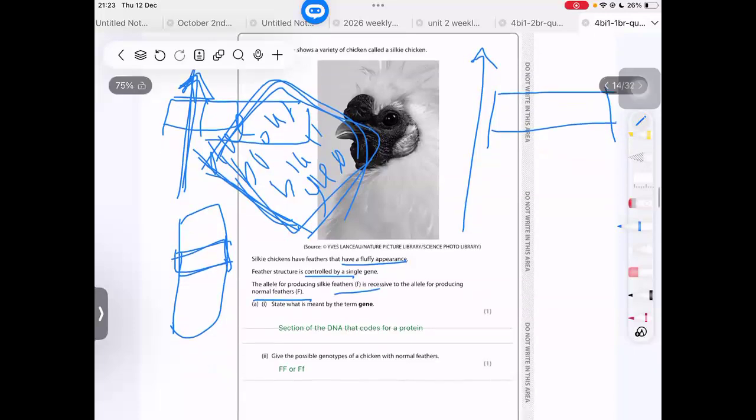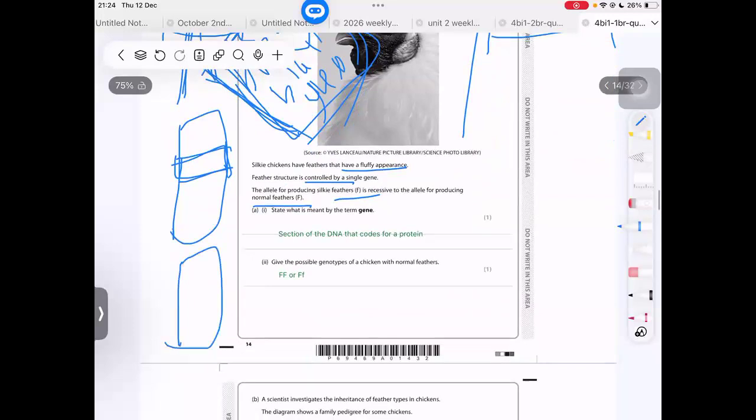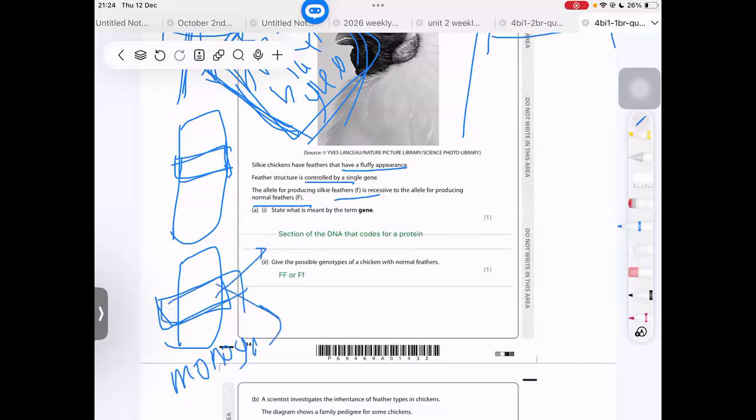The allele is for the feather structure. The gene is the feather structure. So only 1 gene is there, monogenic. Only 1 gene, the feather structure gene, right? And it has 2 alleles, which is, sorry, the silky allele and the normal allele, but only one gene, monogenic, feather structure is the gene.